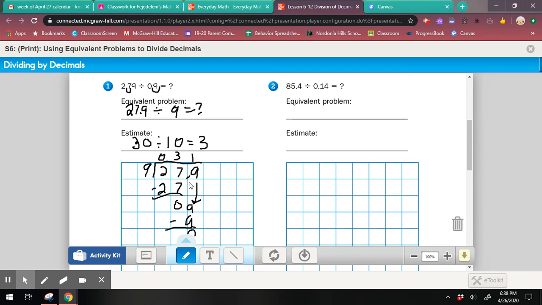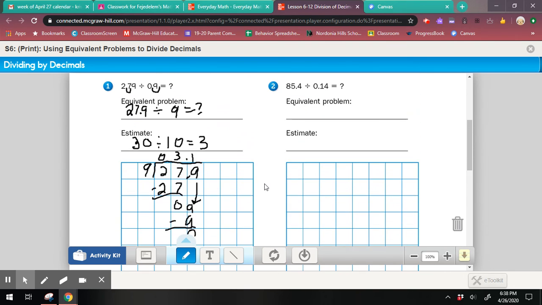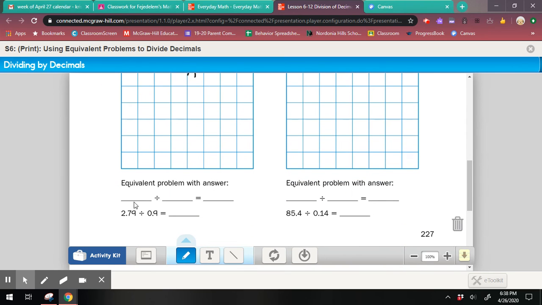So now I go back up, and remember, since I have it all nice and lined up, I can bring my decimal straight up to get 3 and 1/10, which, if I check it with my estimate, is close to 3. Then at the bottom, they want us to write the answer to the equivalent problem.